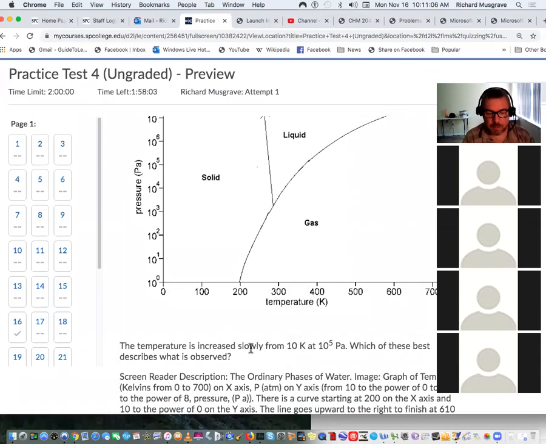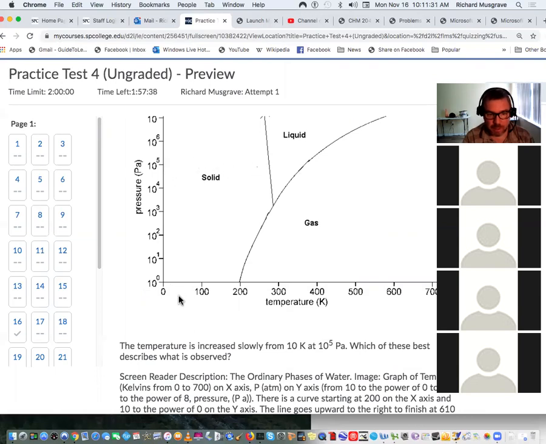So the temperature is observed to increase slowly from 10 Kelvin at 10 to the 5th pascals. All right, so what we do is we find 10 Kelvin. 10 Kelvin will be down here. And we start at 10 to the 5th pascals. And we're increasing the temperature. That means that the temperature goes this way.